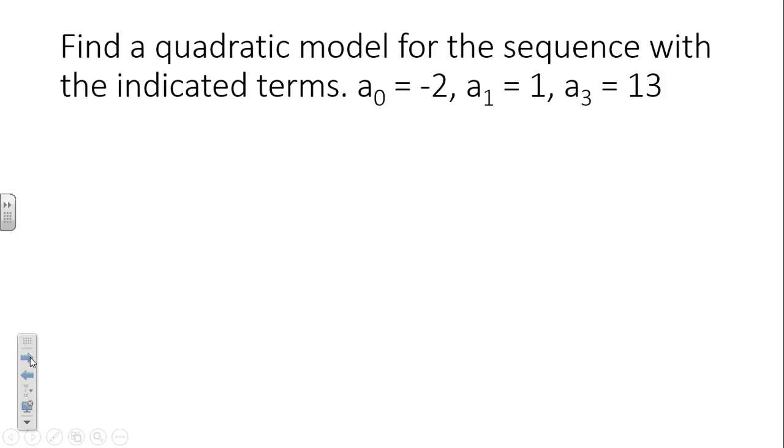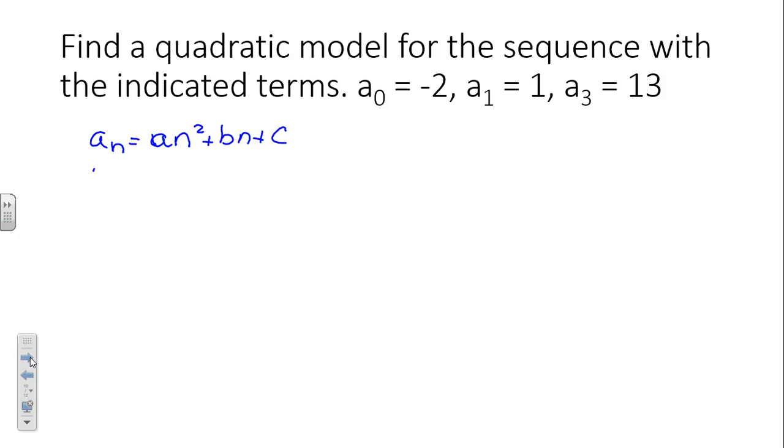Okay? So, what is the general form of a quadratic equation? So we have a n squared plus b n plus c. Okay? Now, which term did they give us to begin with? 0.